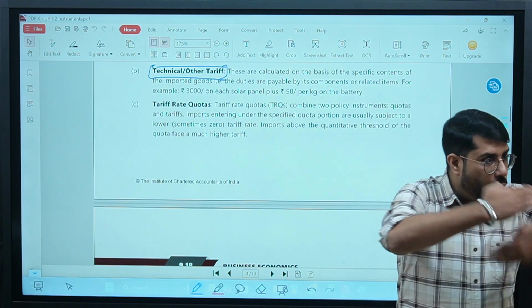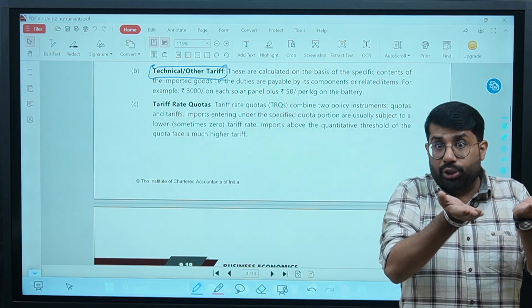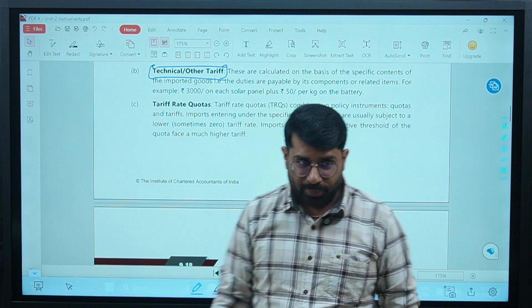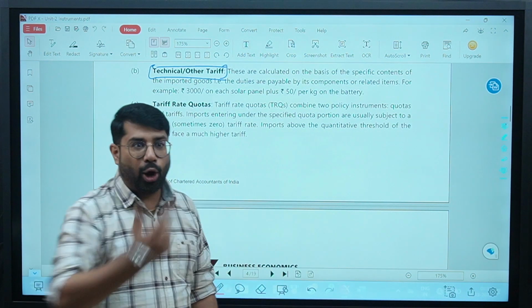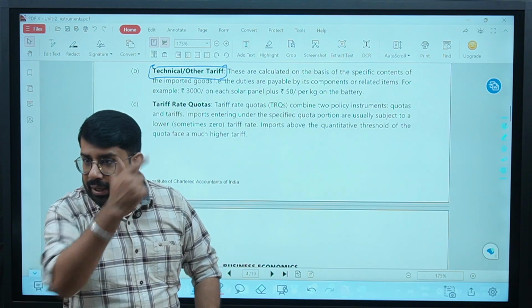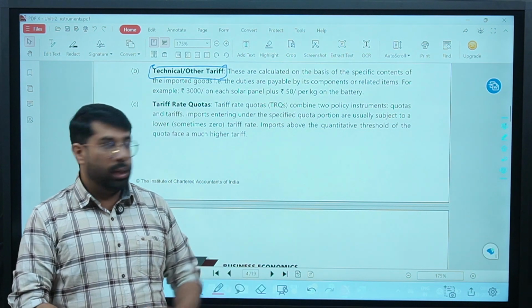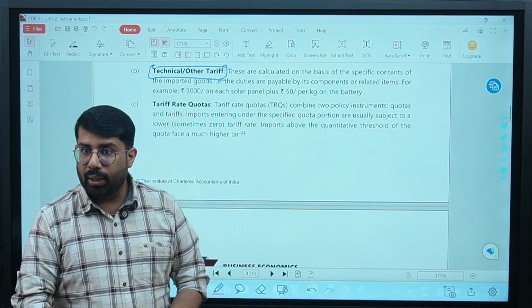They will convert these raw materials into finished goods and will sell these finished goods at higher prices to us only. Yes or no? It means you are giving the key to the lock, and they are putting that key into the lock of our treasure and they are taking our money out. Yes or no? You have to pay the taxes, a very high amount of taxes. We will study about those taxes also, after that. Are you clear?